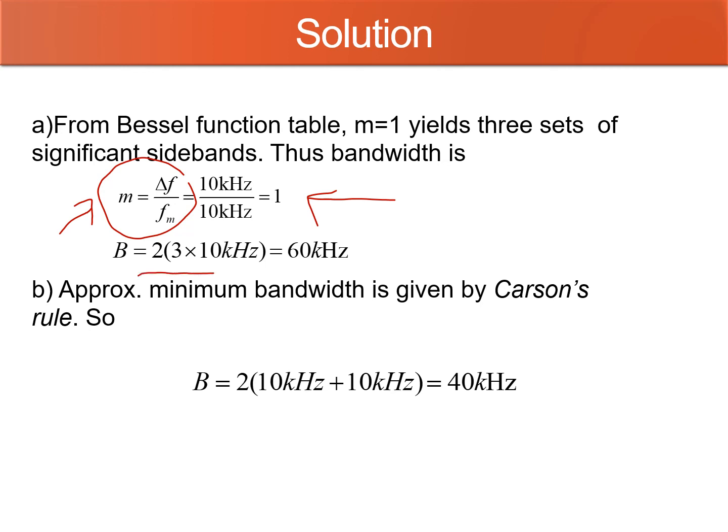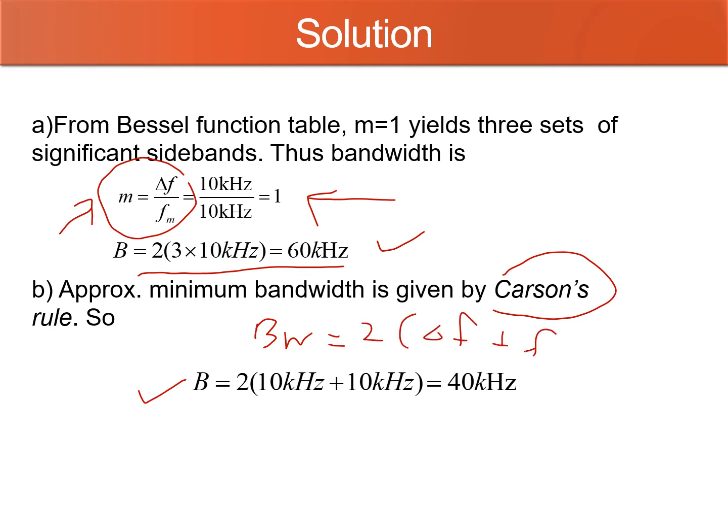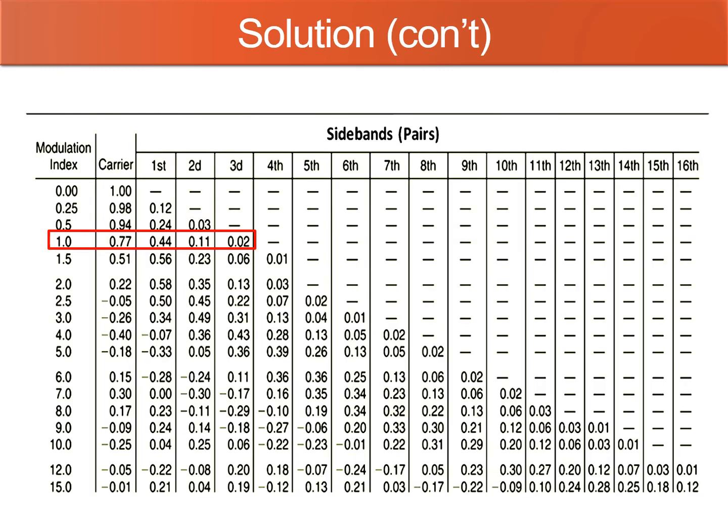Here is the value for the bandwidth using the Bessel function. Next, by using the Carson rule, we know that bandwidth equals 2 times delta F plus Fm. Substitute the values and you will get this answer, 40 kHz.